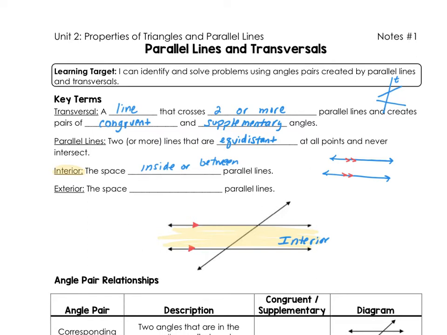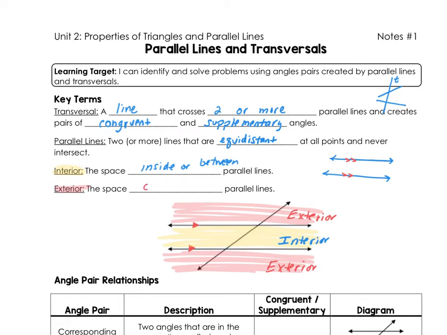The exterior would be the space outside your parallel lines. So everything that I'm highlighting in red is outside of the two parallel lines. So that is our exterior space. So label this as exterior and also label this as exterior.